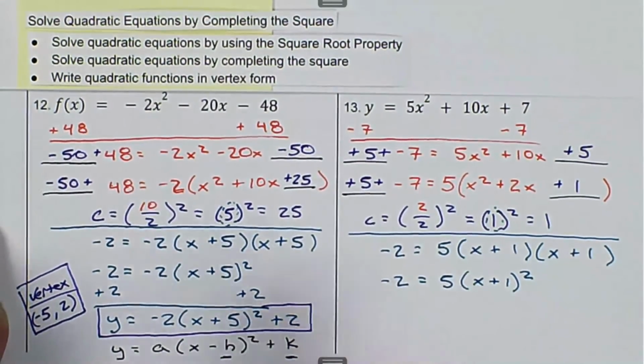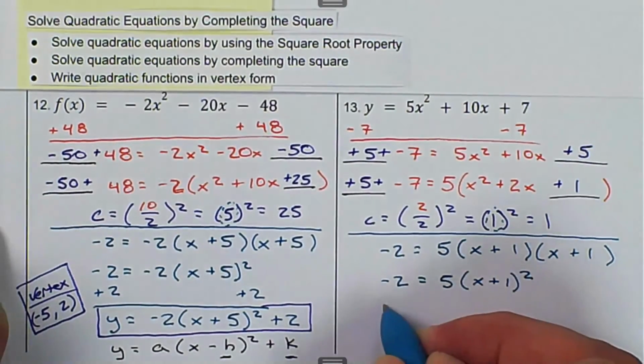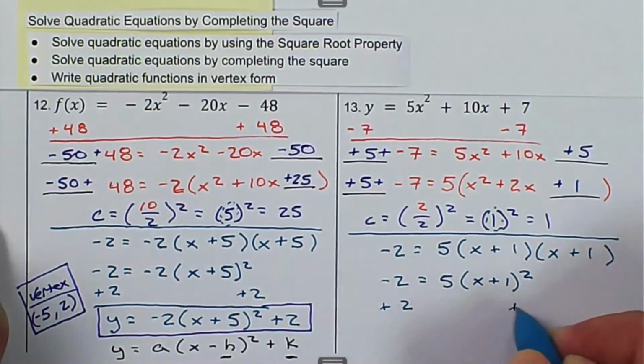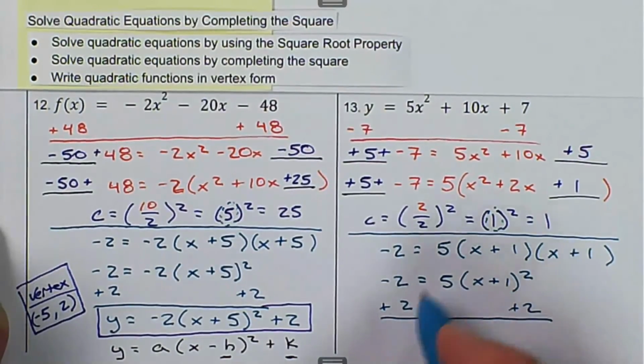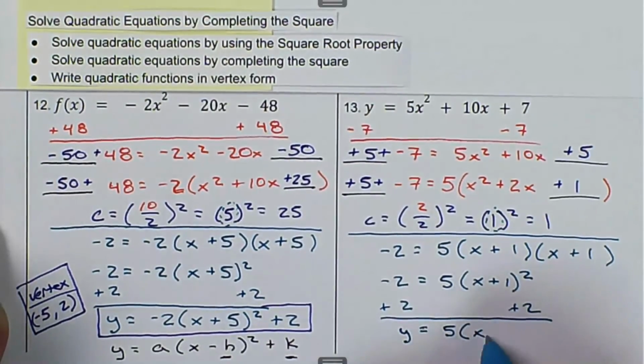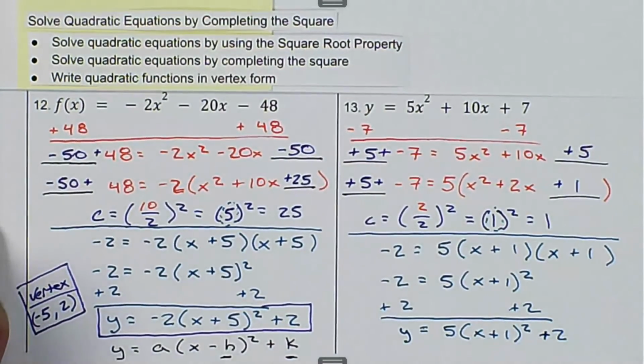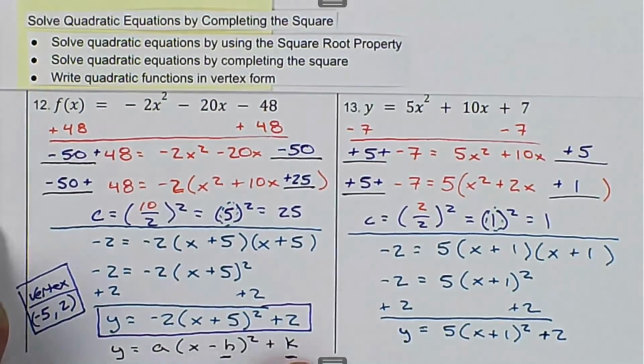And we want to get 0 on the left side, so we're going to add 2 to both sides. And we'll represent this left side with y equals 5 times the quantity x plus 1 squared plus 2. And then same thing, we're looking for our vertex.